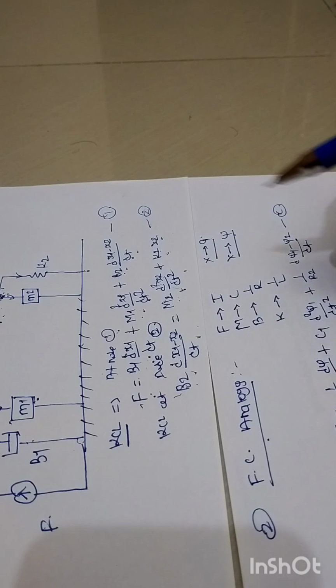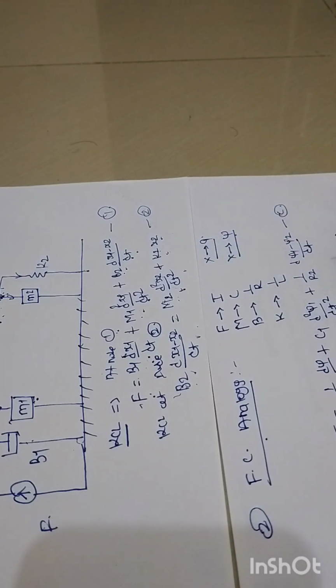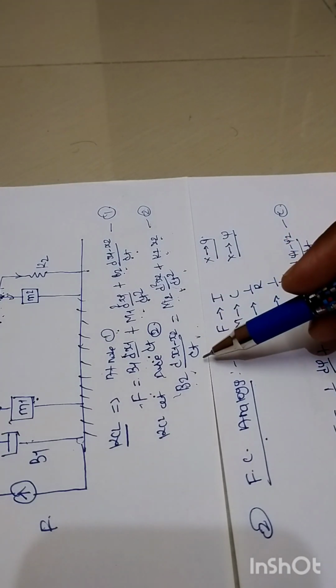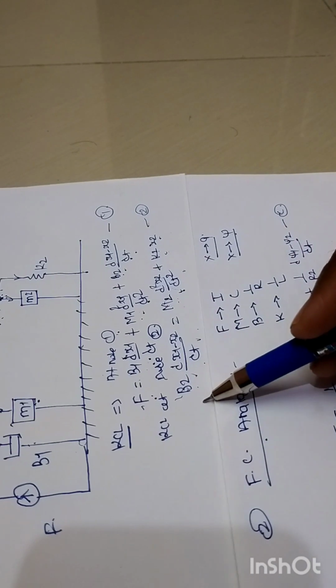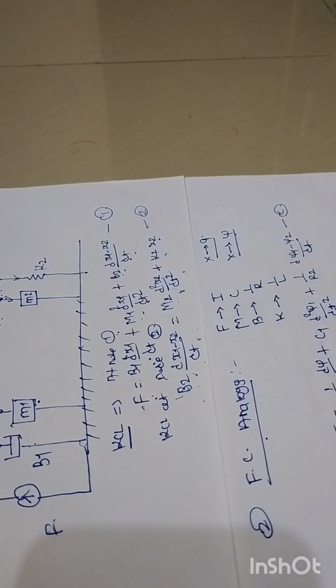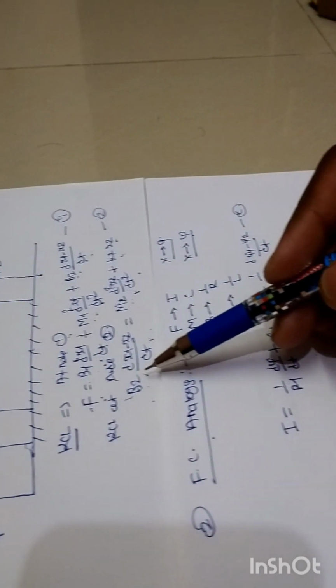Similarly, we need to rewrite equation number 2 accordingly, following this force-current analogy. First this equation starts with the term which is written to the left hand side of the assignment operator. So initially which element are we having here? B2.